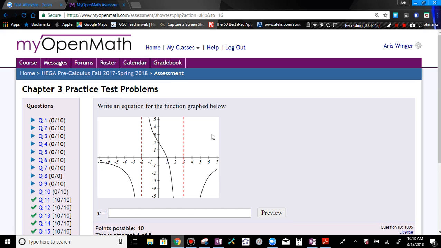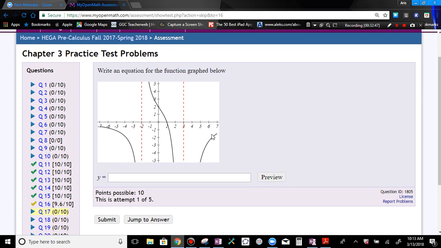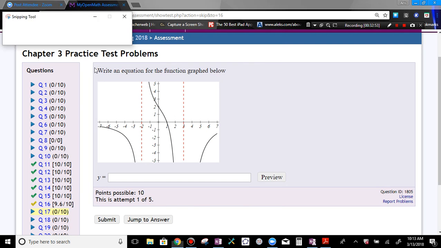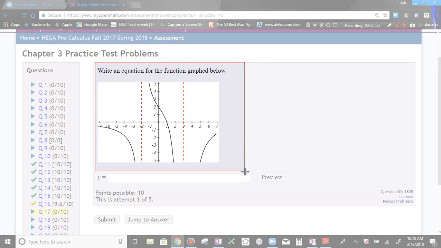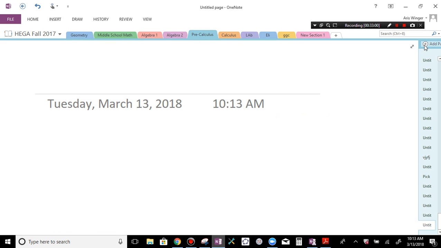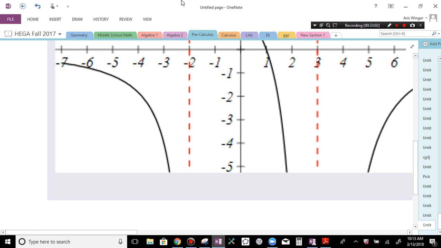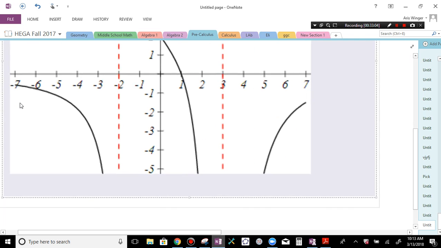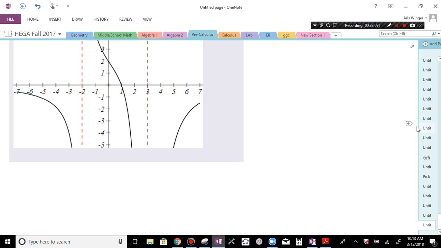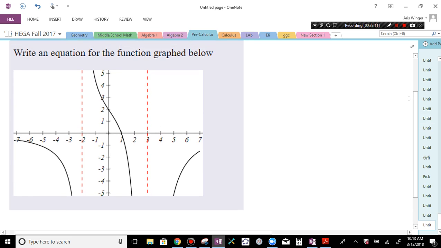What's the graph of that? Let's see. So we got some vertical asymptotes. Same question we just answered, except now we're just given the picture, right? So we're going to be asking where are the zeros and where are the vertical asymptotes, right?